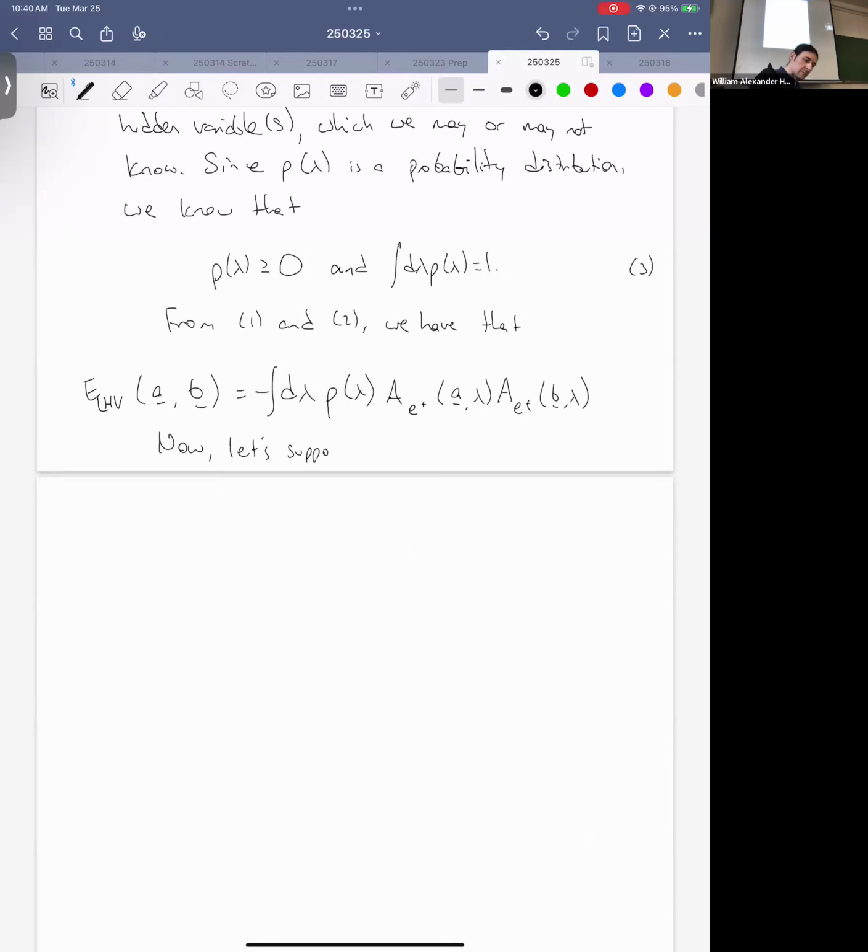Okay. Now, let's suppose we make a correlation measurement along a third direction. Call it C vector.